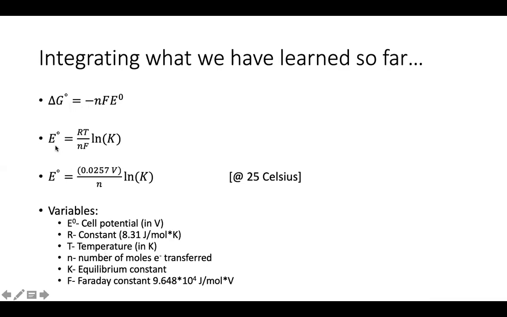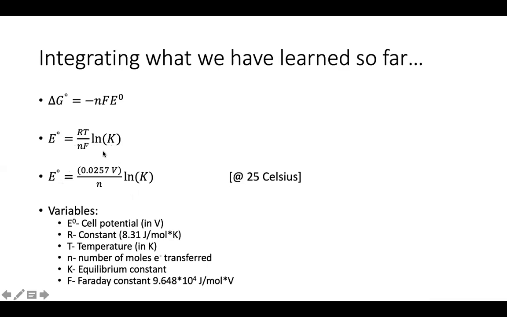Okay, our other really important equation relates our equilibrium constant to cell potential. So here, our cell potential, E naught, is equal to RT divided by NF times the natural log of K. Okay, now I provided a third equation that's actually the same exact equation as the second equation.